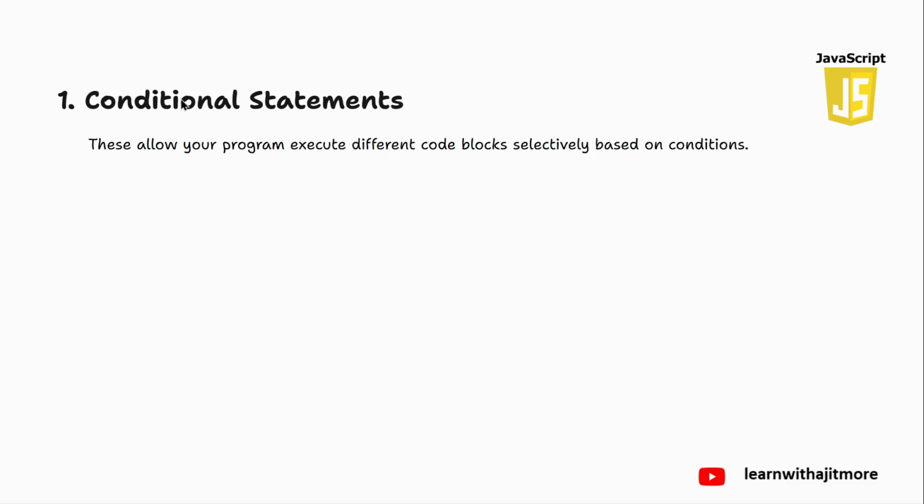Okay. So conditional statements, what they do, they allow you to run any one code block from multiple code blocks selectively based on the condition. So these allow your program to execute different code blocks selectively based on condition. I gave you one example. In one block, the task was to watch a movie.